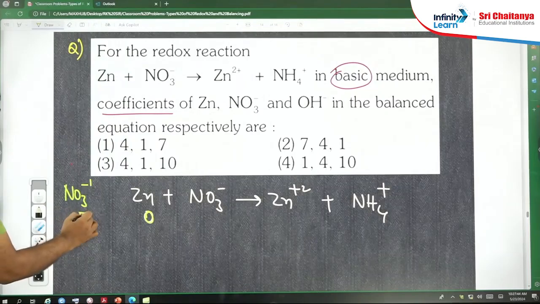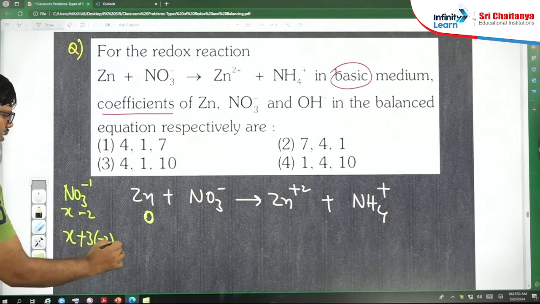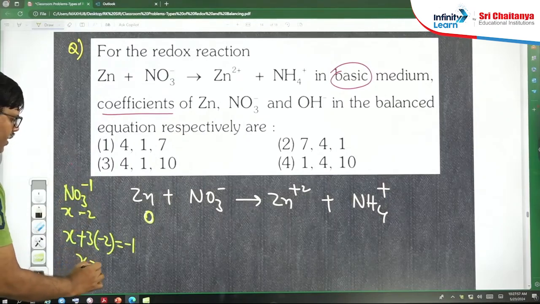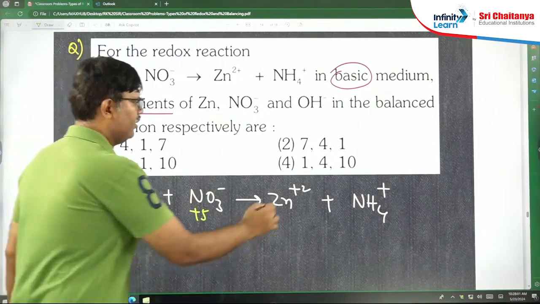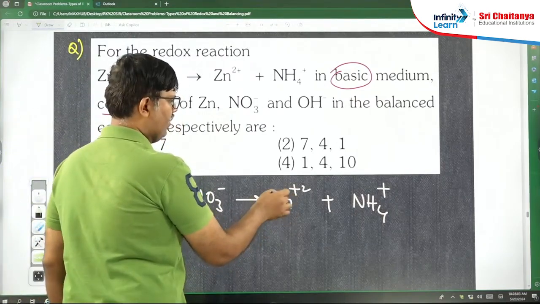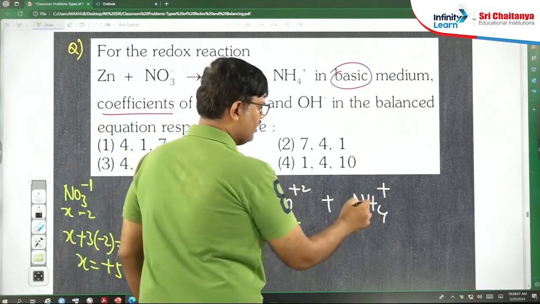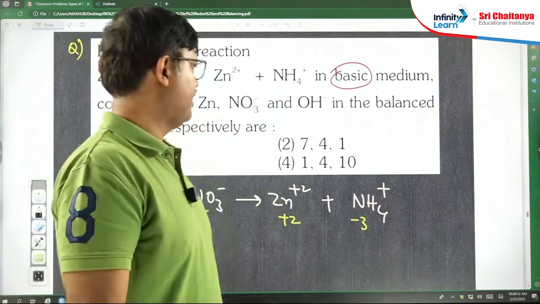So oxygen minus 2, nitrogen X. One nitrogen, 1 into X, plus 3 oxygens, 3 into minus 2, is equal to the overall charge, which is minus 1. By doing this you will get plus 5. So the oxidation state of nitrogen is plus 5. For zinc, only one element is there, so its ionic charge is the oxidation state. Similarly, for nitrogen in NH4 plus, you will get minus 3.